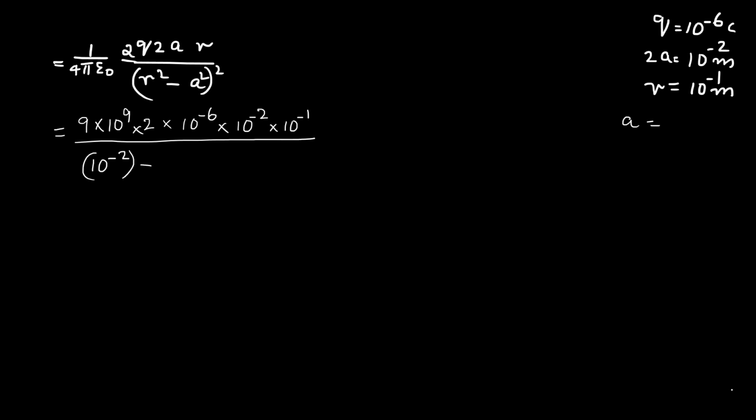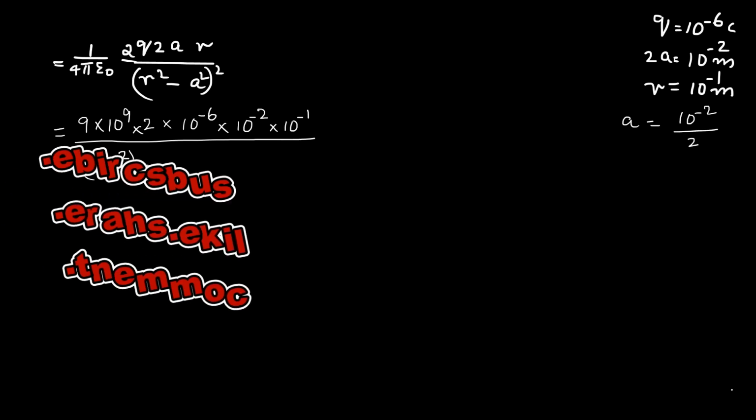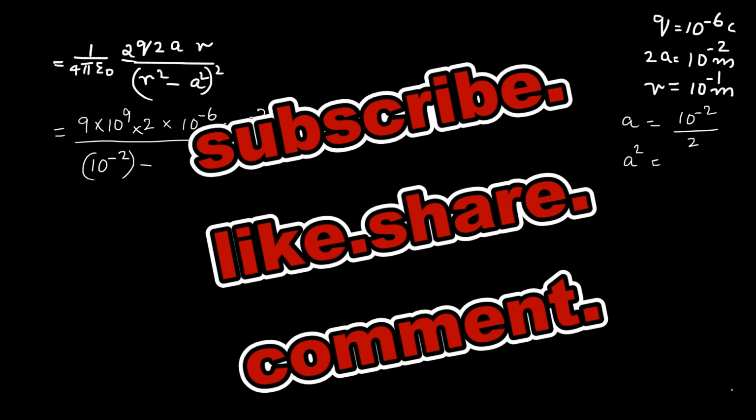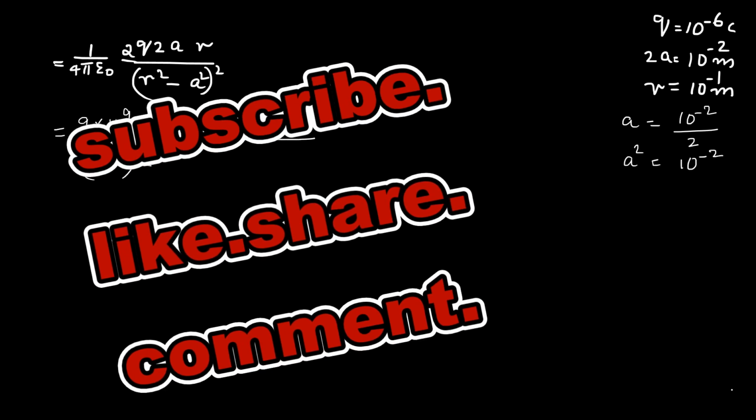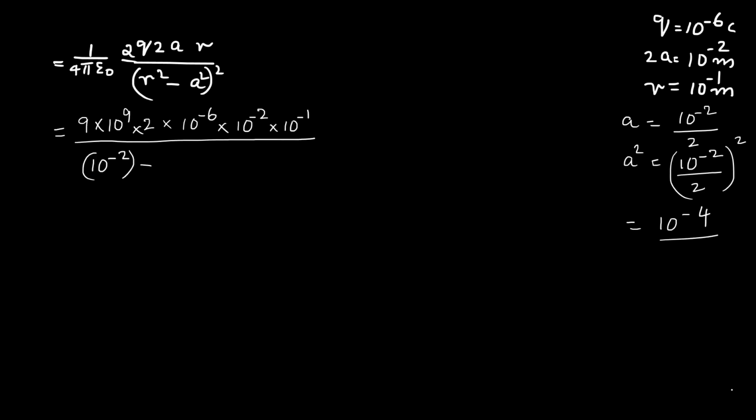a is equal to 2a by 2, that is equal to 10 raised to minus 2 by 2. a square is equal to 10 raised to minus 2 by 2, the whole squared, equal to 10 raised to minus 4 divided by 4, which is equal to 1 by 4 into 10 raised to minus 2 into 10 raised to minus 2, which is again equal to 0.25.